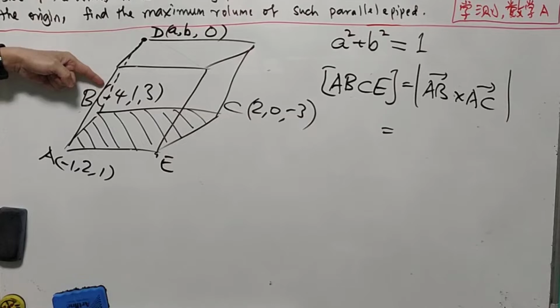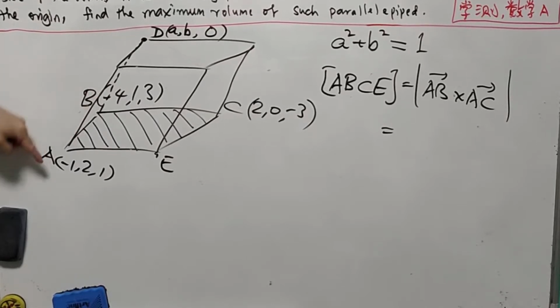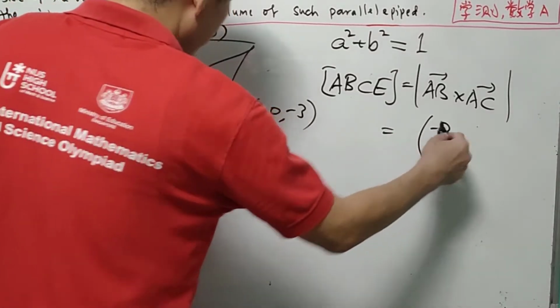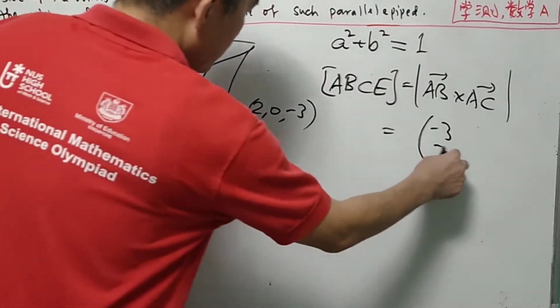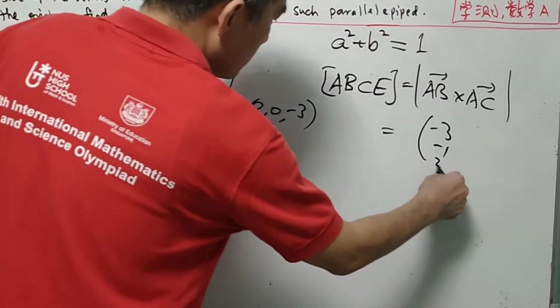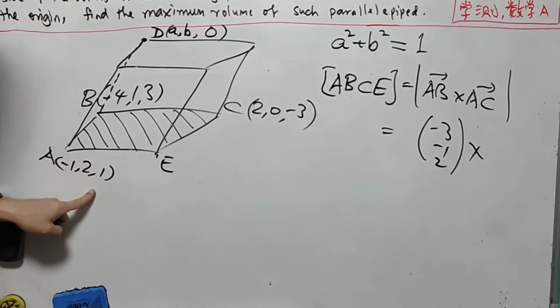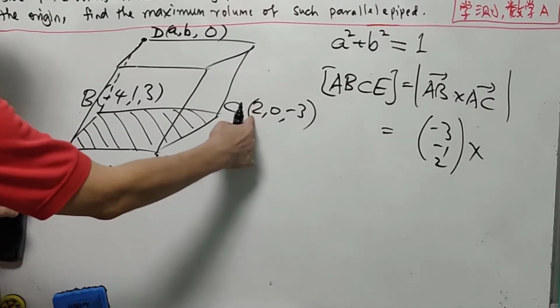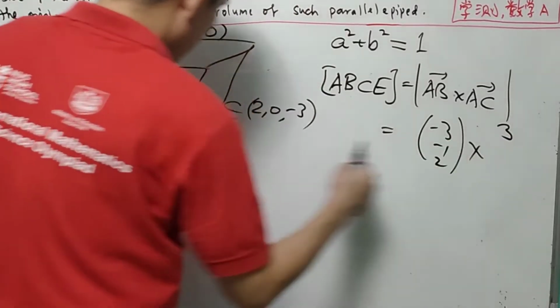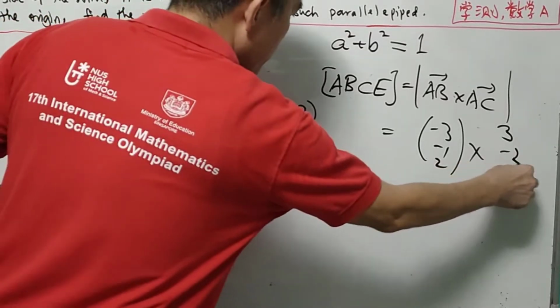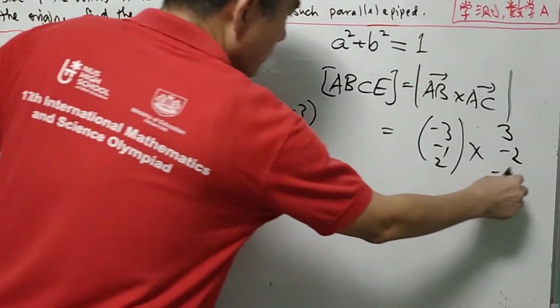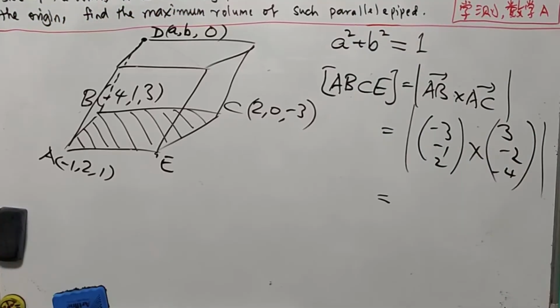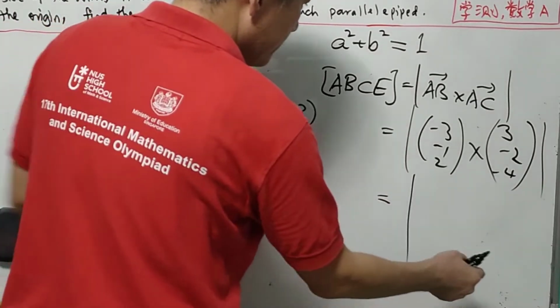AB is OB minus OA, and we will have -3, -1, and 2. Cross with AC, this will be equal to 3, -2, and -4.